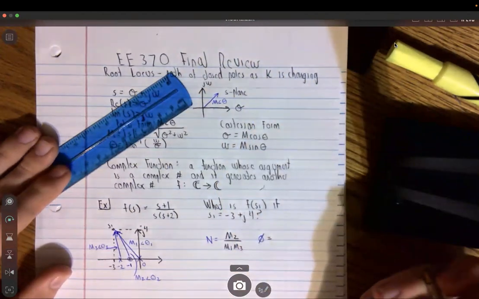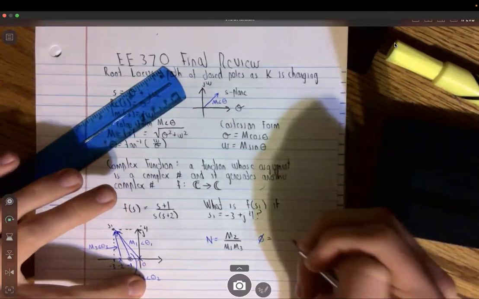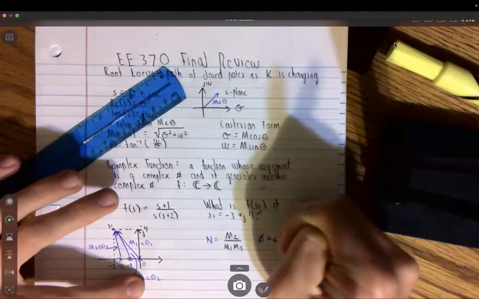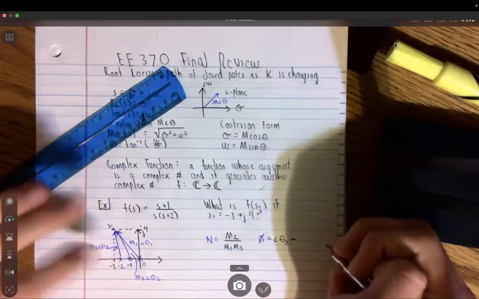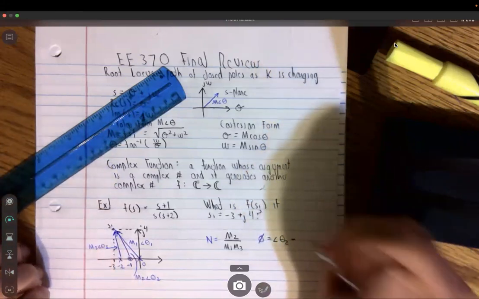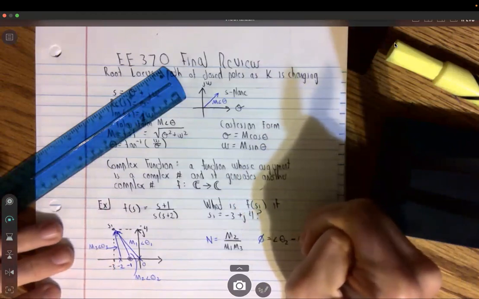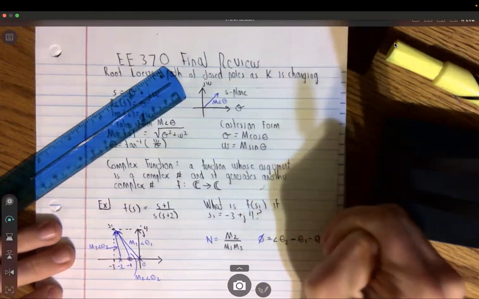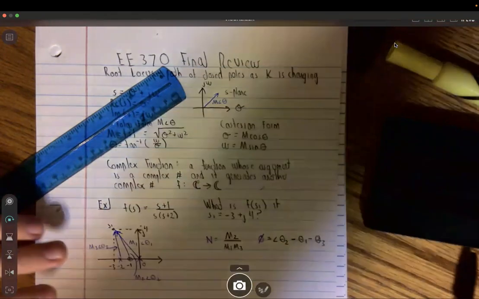And what is our phase going to be? Remember that the phase angle of the 0 is in the numerator, so our theta 2, but the phase angle of the poles are in the denominator of your function. So that's why it's theta 2 minus theta 1 minus theta 3, because these are from our poles, where the theta 2 is from our 0.